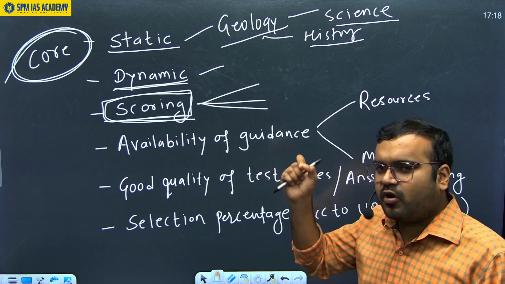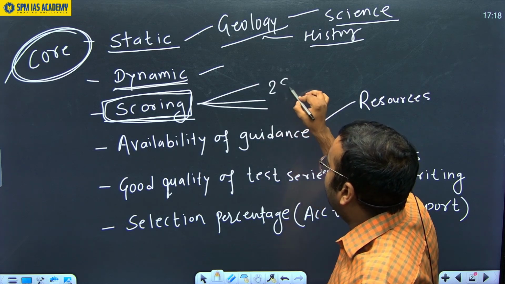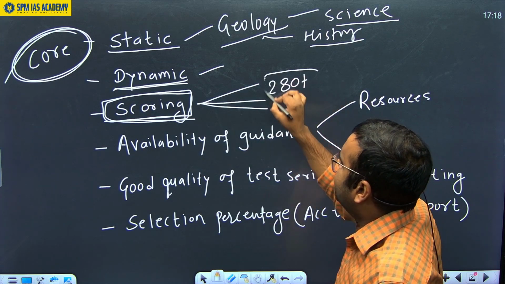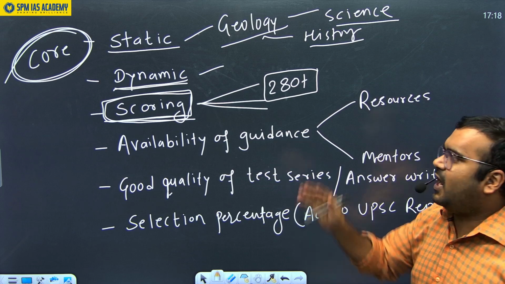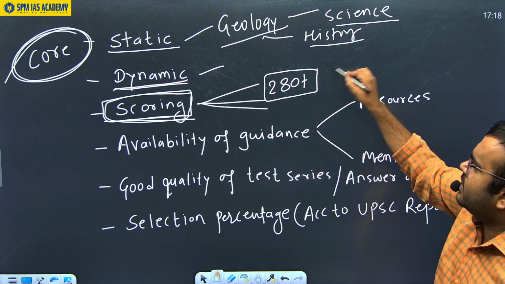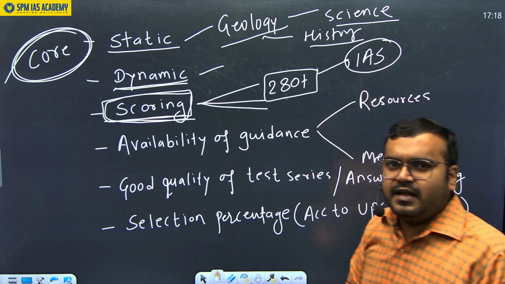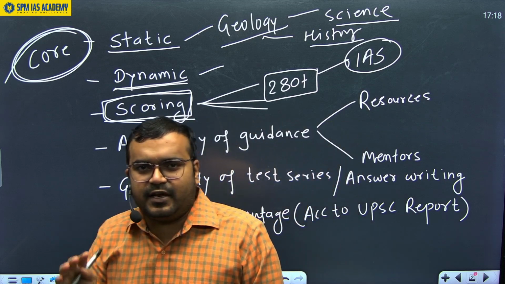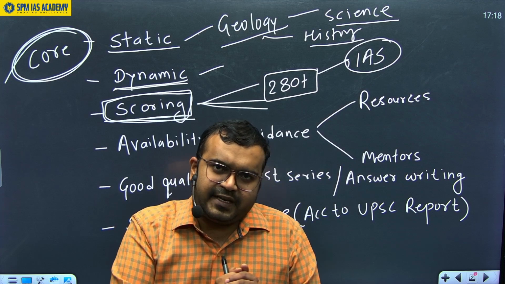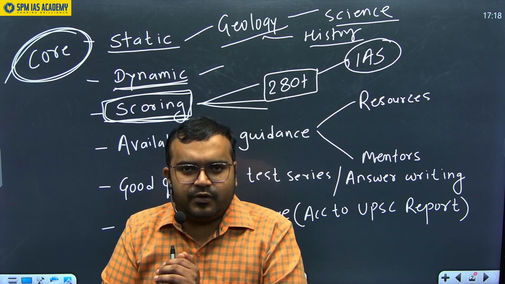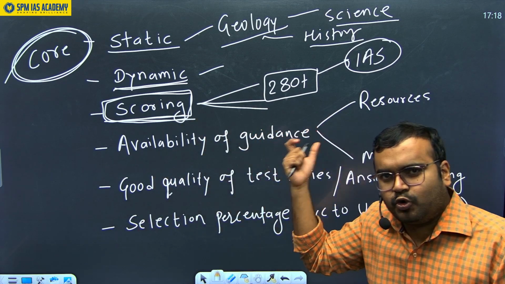Because no matter what optional you choose, you will have to score around or more than 280 plus. Let's take this to be an ideal score to get into the IAS. Again, we are considering this in a very positive sense, considering you have a good or decent enough score from your general studies papers as well as from your interview, right? So the optional becomes a very crucial one.